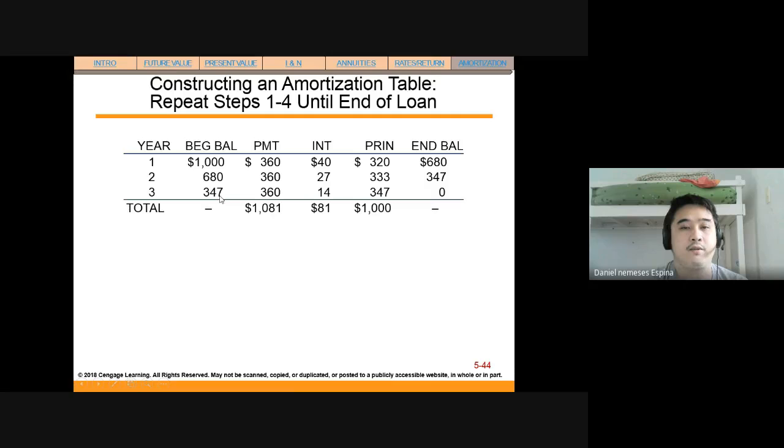So 347, bayad na po kag 360. 4% of 347 is 14 pesos or $14. So 360 minus 14 is 347. So dapat at year 3 wala na kay ending balance. So your total payment is 1,081. Interest is 81 pesos. So overall, ang imong nabayad nga interest tanan-tanan is $81. Then principal, okay?